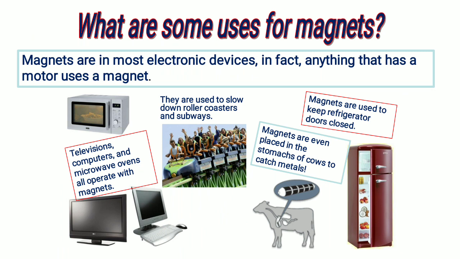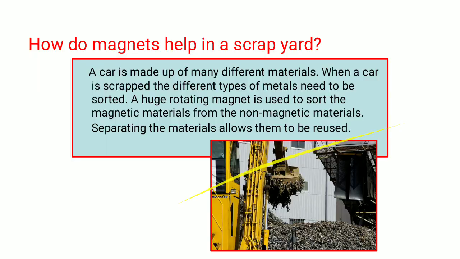Then there are medical uses. Magnets are kept inside the stomach of a cow, so while eating grass, if any magnetic iron filings reach the stomach, the magnet can attract and keep them somewhere, so they will not hurt anywhere. So plenty of applications we are discussing. This is only an introduction section.